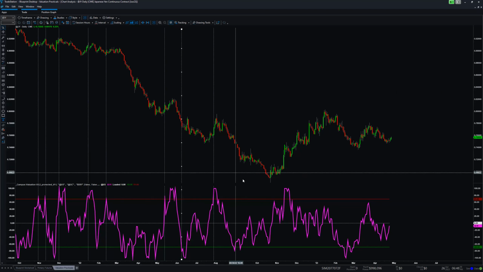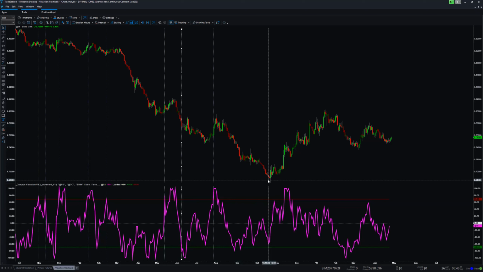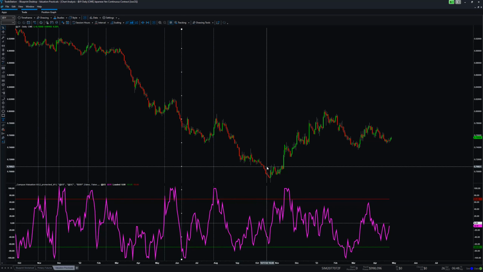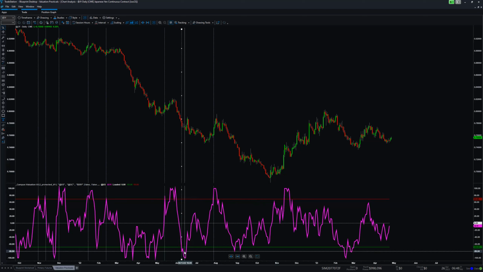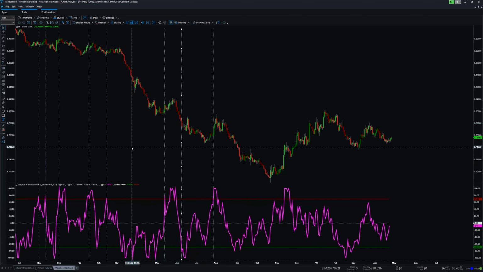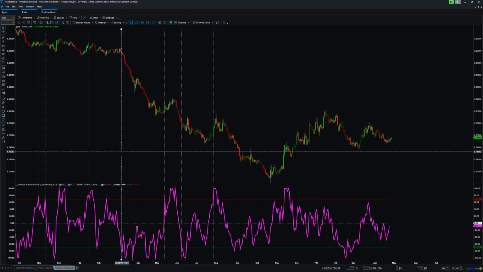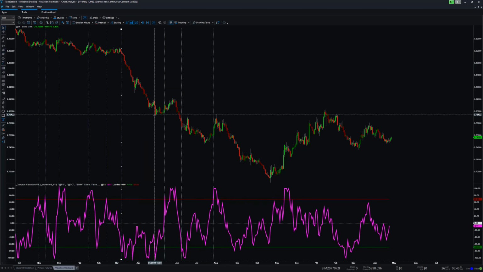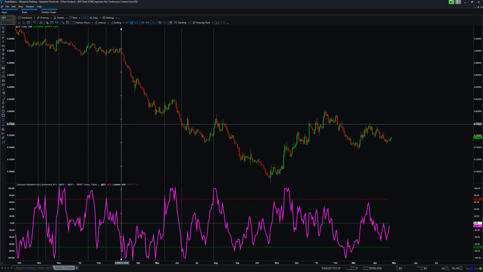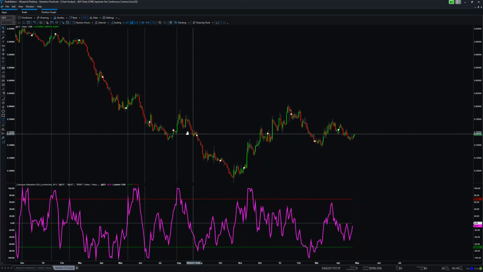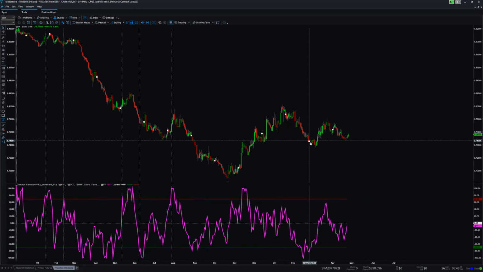So if we apply that against the context, opposite to the euro, for example, where at least price stalled for a little bit most of the time, or we got a little bit of a move from these undervalued readings against the trend. But in this case, we look at undervalued here, and this market just completely collapses. So this is also a sign that this market is kind of doing its own thing.